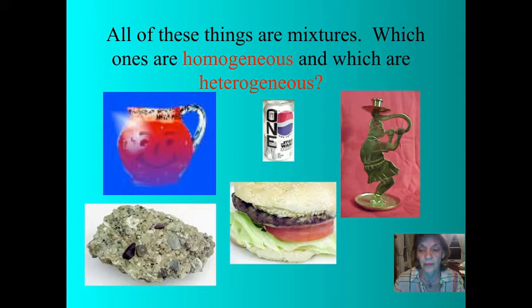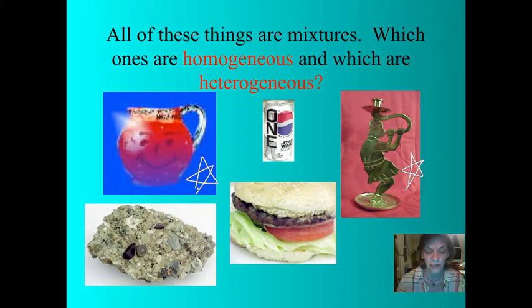Okay, the ones that I would call homogeneous or the same throughout would be the brass candlestick. It's a mixture of metals that look like they're one single metal. And if you're just talking about the Kool-Aid itself, I would call Kool-Aid a homogeneous mixture.